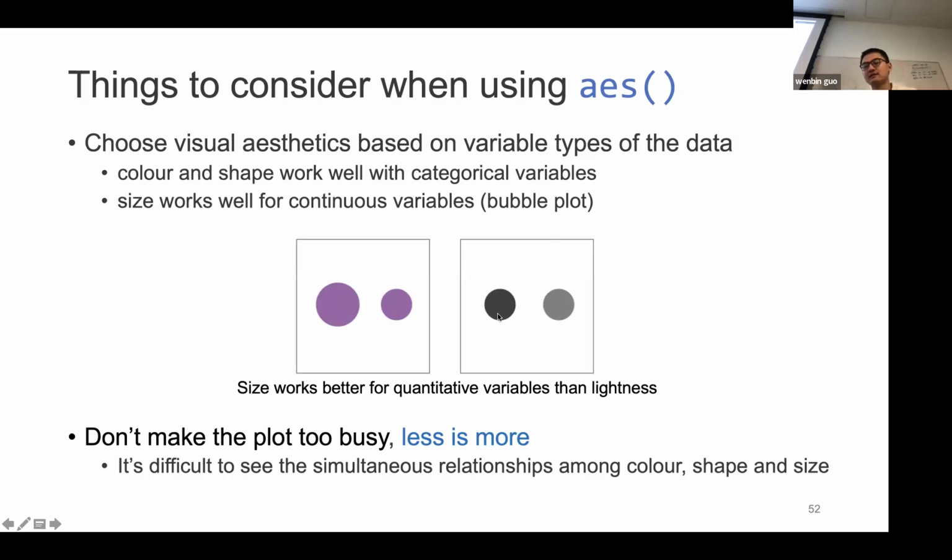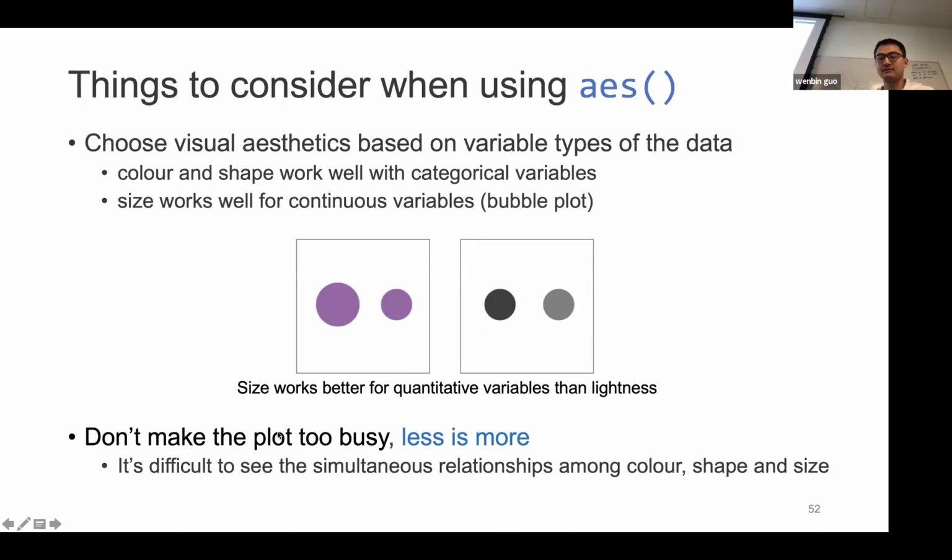We only know that the left-hand side circle has a darker color than the right-hand one, but we don't know the ratio, like whether it's 3 times or 5 times, because our human eyes are not really good at distinguishing the ratio between lightness or darkness.